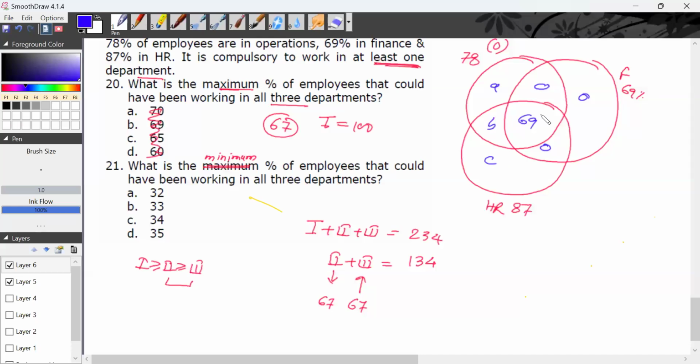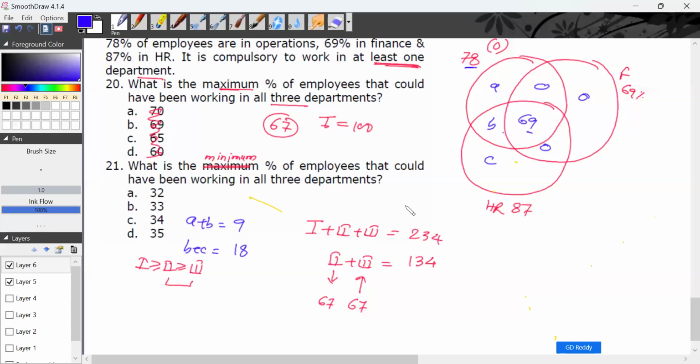Can I say the sum of this is nothing but 78, out of which 69 is this. So the value of A plus B, how much will it be, tell me? 9. Okay, good. The value of B plus C, how much will it be? This is also 9. How do we find B plus C? Sum of this. 18 is coming. Correct.